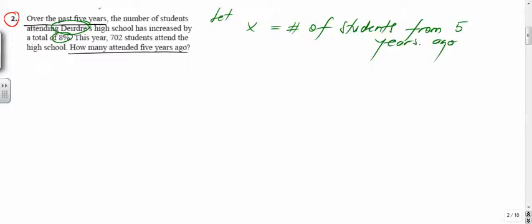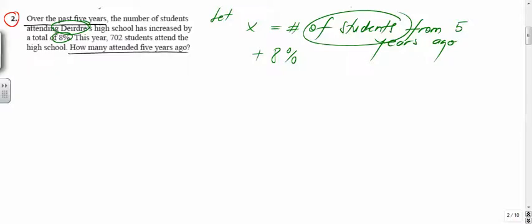So 5 years ago, x students attended this high school. All right? Now, over the 5 years, there was an increase of 8% of students, right? 8% more students than 5 years ago this high school had.